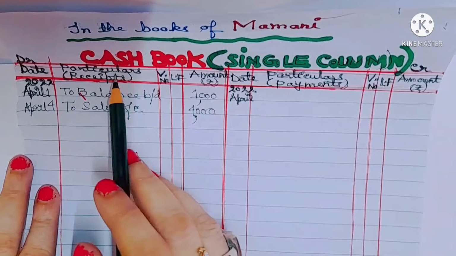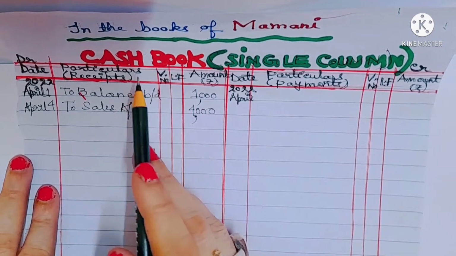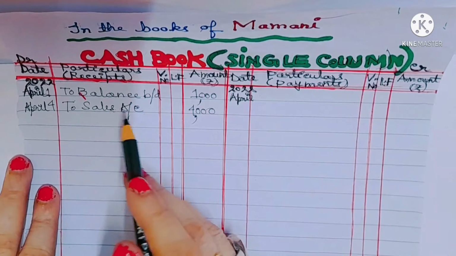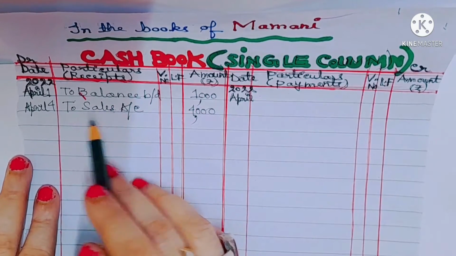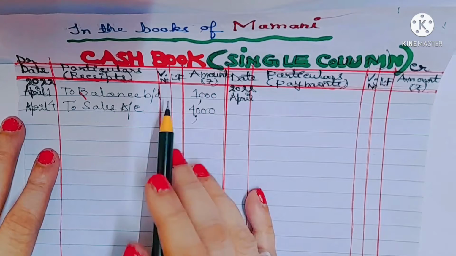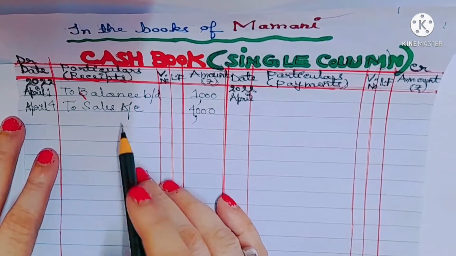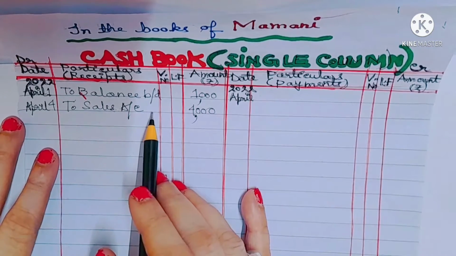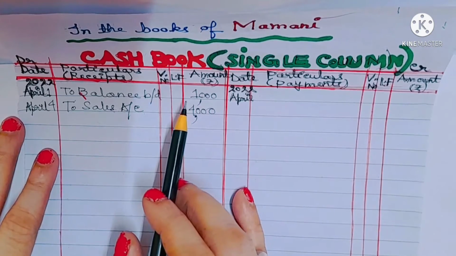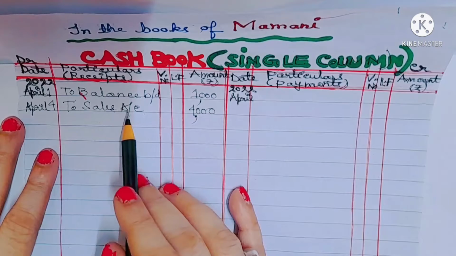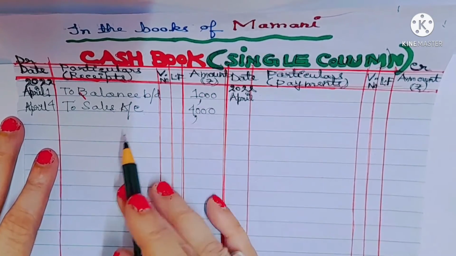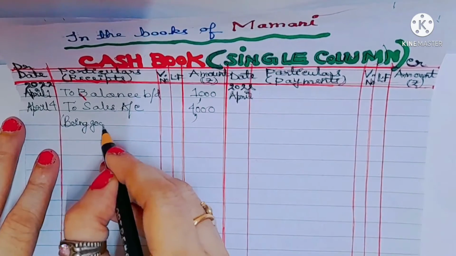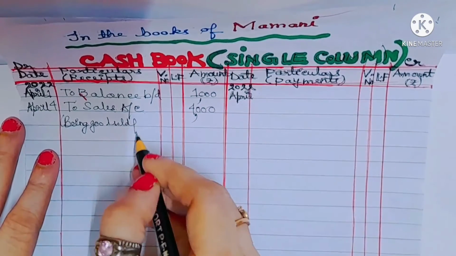Because since cash account is on the debit side, the opposite account will be on the debit side as well. আমি আগেই বলেছিলাম যেহেতু ক্যাশ অ্যাকাউন্ট ডেবিট, অপোজিট সাইডে কে আছে সেলস অ্যাকাউন্ট, তাহলে সেলস অ্যাকাউন্টও ডেবিটে বসবে, ঠিক আছে। অ্যান্ড মোর ওভার তুমি যখন গুডস সেল করছো তুমি কি পাচ্ছ, তুমি ক্যাশ পাচ্ছ, তাই ক্যাশ কামস ইন, তাহলে কোথায় রেকর্ড করতে হয়, ডেবিট। According to real account, what comes in is debit, because cash book falls under real account. What comes in is debit. So to sales account debit 4000, and always you have to write narration: being goods sold for cash.